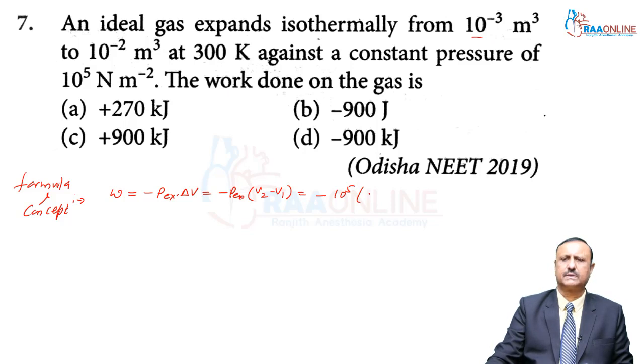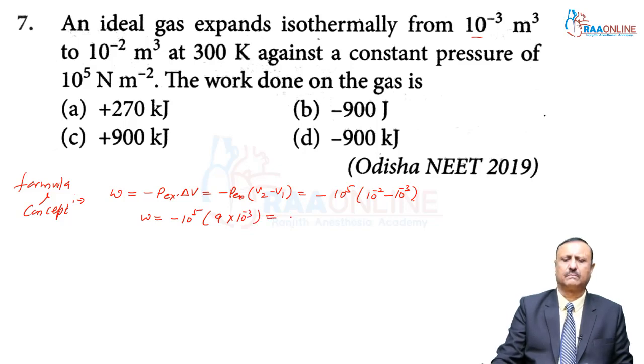So here 10 to the power minus 2 is V2 and 10 to the power minus 3 is V1. So my dear students, W is equal to minus 10 to the power 5 into, when you calculate this, 9 into 10 to the power minus 3.